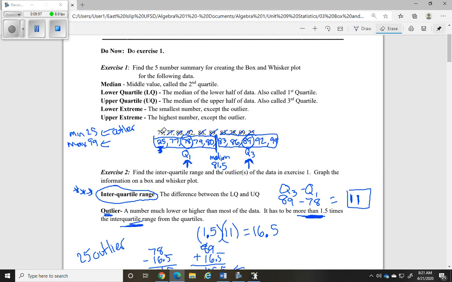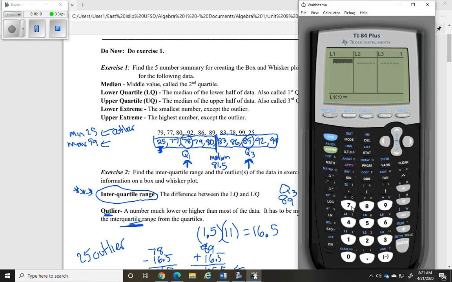I just want to erase my marks here so I can see my numbers better, because your calculator even puts things in order for you. So in this list, we're going to hit 79 and then hit enter and see it jumps down. So enter all of the numbers. So I entered all of mine. Something nice about this list, it kind of tells you how many numbers you have entered.